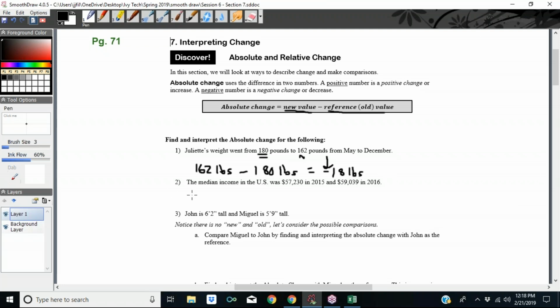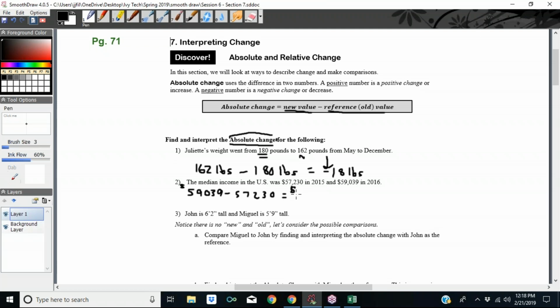So number 2 says the median income in the US was $57,230 in 2015 and $59,039 in 2016. So we want to find, again, the absolute change. So it's just subtracting them. So this is 59,039, the new amount, minus 57,230. And let's see how much that is.